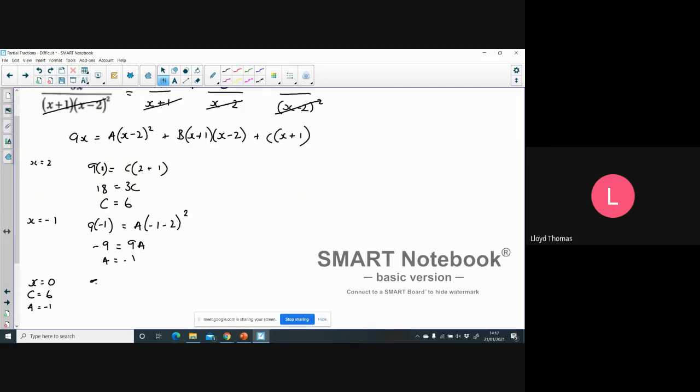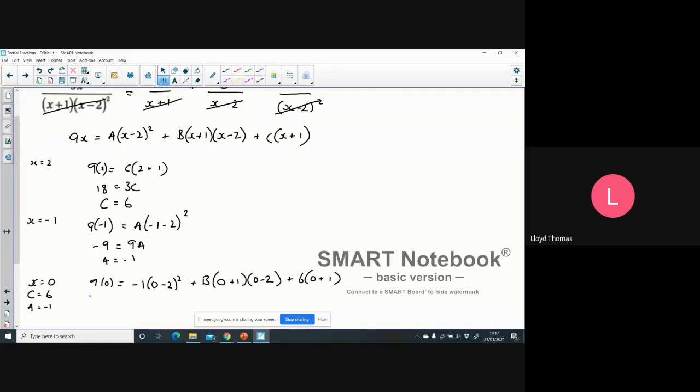So it's going to be 9 times 0 equals minus 1 times 0 minus 2 squared plus b times 0 plus 1, 0 minus 2, plus 6 times 0 plus 1.